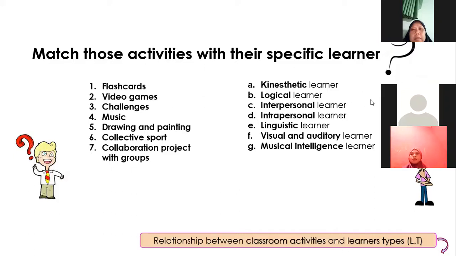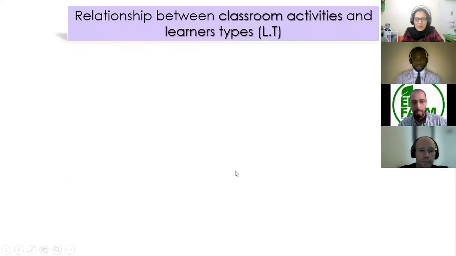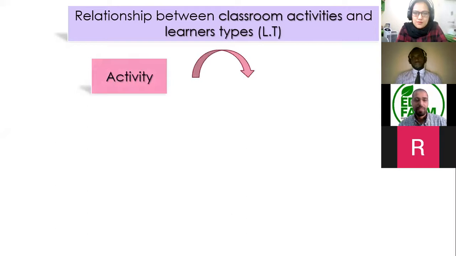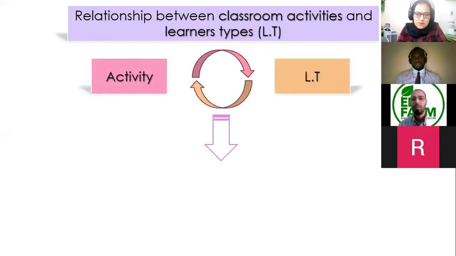Thank you, teachers, for sharing your answers. Here we're going to talk about the relationship between classroom activities and the learner type or style. The activity works with the learner type in a reversible process.